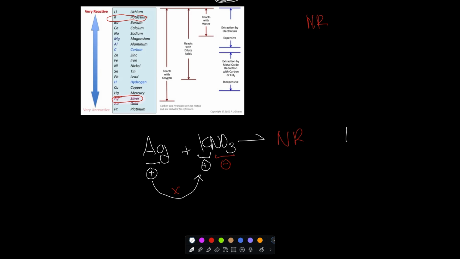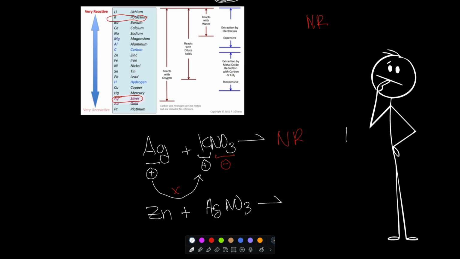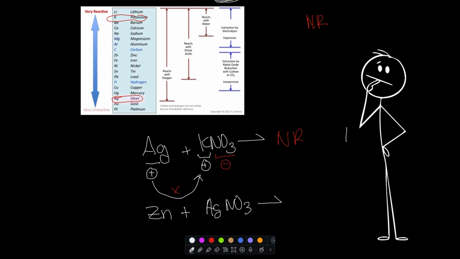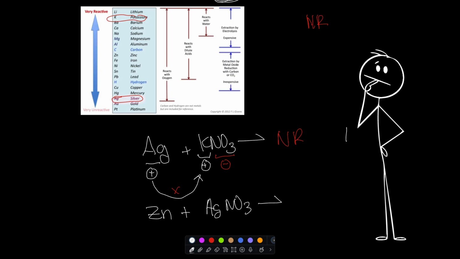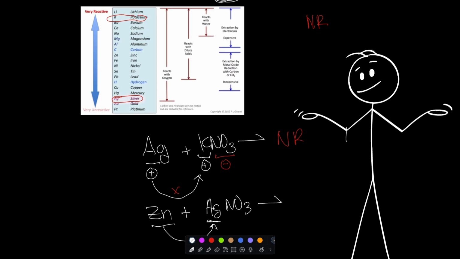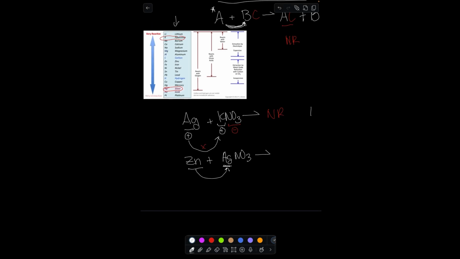Second example. Let's say that we have zinc that wants to combine with AgNO3. We can try to predict whether the reaction will happen by comparing again Ag and Zn, right? Because a cation will seek to replace a cation, or a metal, and a non-metal will want to replace a non-metal.